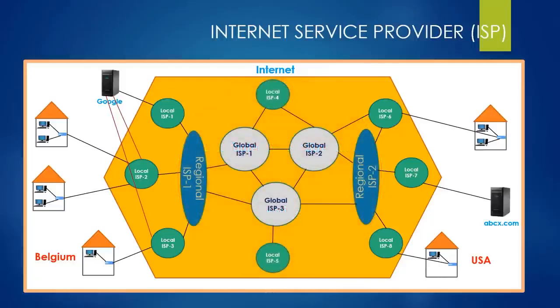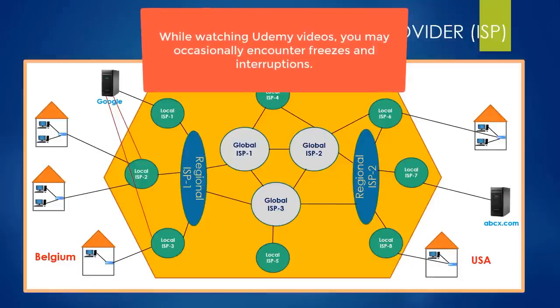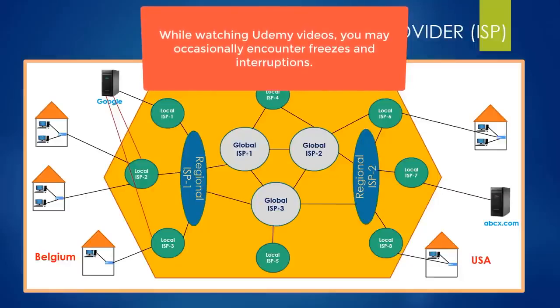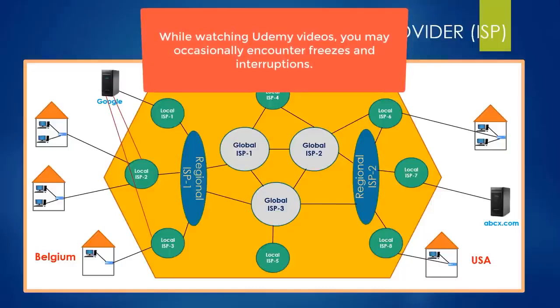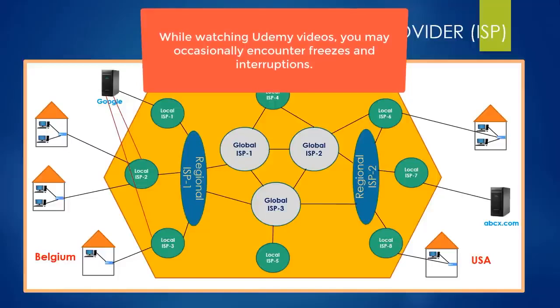On the other hand, you may sometimes see freezes and interruptions while watching videos on Udemy, because Udemy's infrastructure is not as strong as Google in general. Of course, Udemy also uses a distributed server structure, but this number is probably not as many as Google. This is obvious.